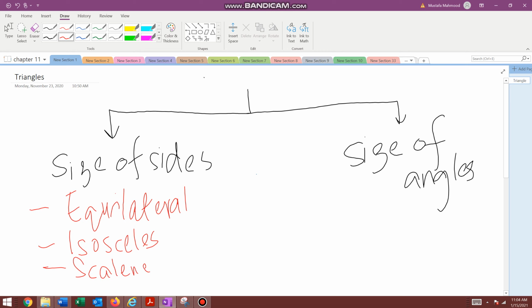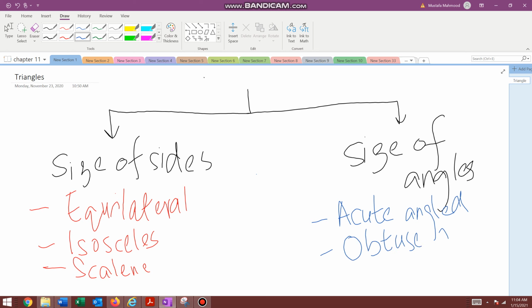Okay? Now, going towards the classification on the basis of the angles, there are three types. There are acute angled, there are obtuse angled, and there are right angled triangles.